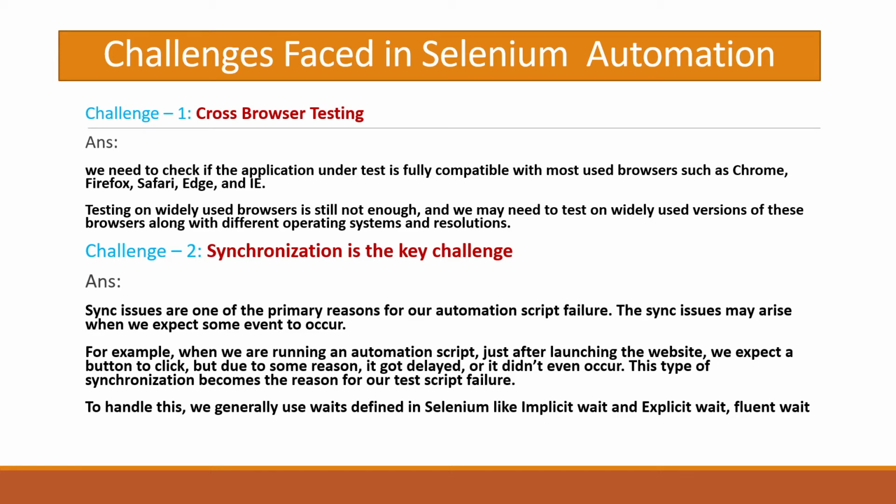To handle it properly, we have some synchronization waits provided by Selenium. Those are called explicit wait, implicit wait and fluent wait. We can define all these wait conditions inside our scripts, so we can easily resolve these sync issues when automating your scripts on different browsers.